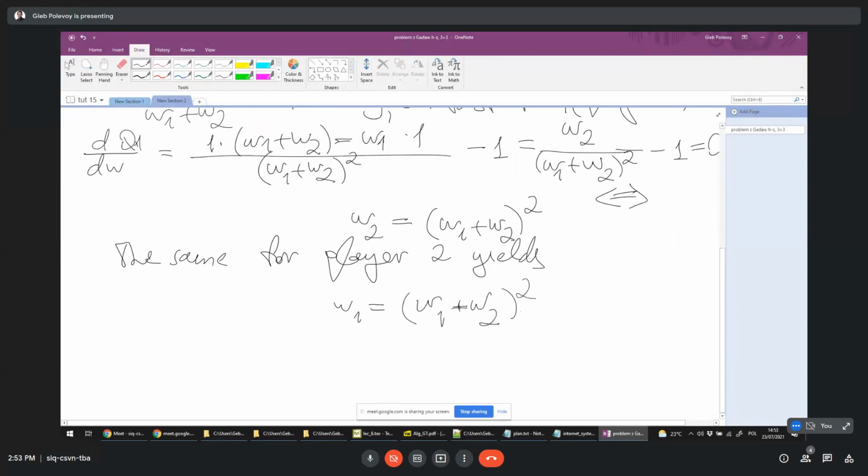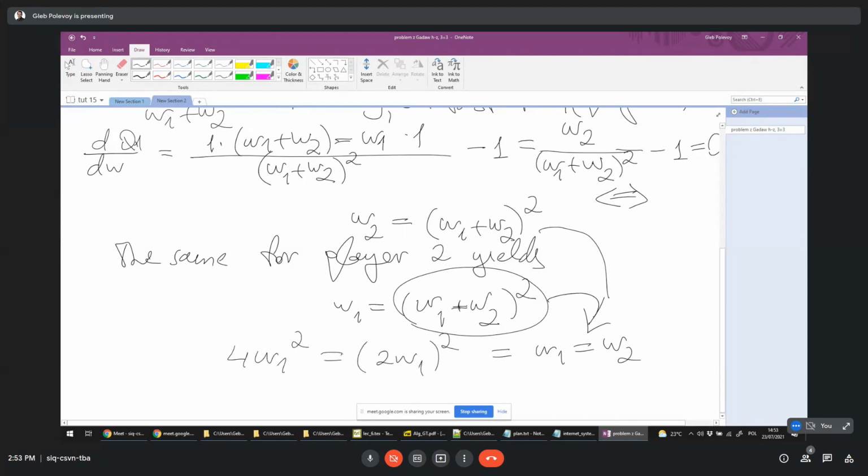Now, that's already simpler. That means that W1 is equal to W2, and they're both equal to this expression, which is basically twice W1 squared, or twice W2 squared, which is 4W1 squared.